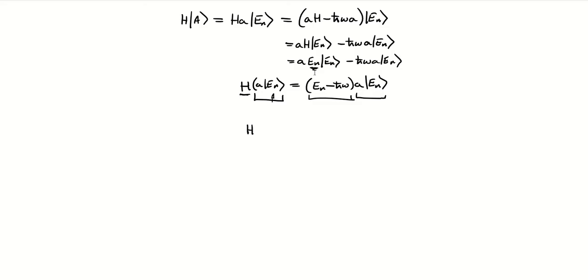We have the Hamiltonian acting on that vector. Well, that is a vector that has the eigenvalue E_n minus h bar omega, and its eigenvalue, as we just said, is lowered by one quantum of energy for that harmonic oscillator. Right, that's an energy eigenvalue equation.